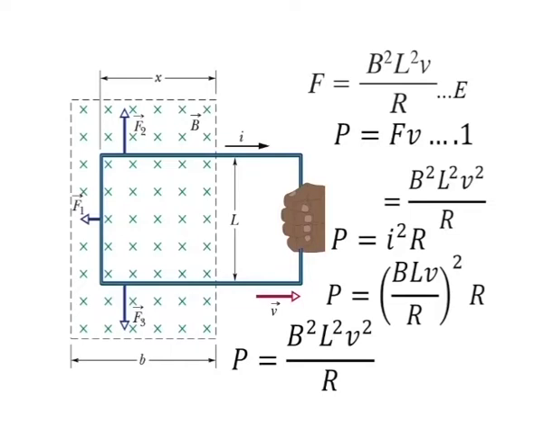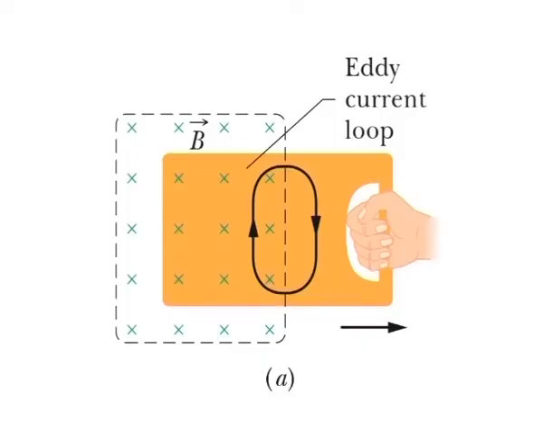Eddy currents. Suppose we replace the conducting loop with a solid conducting plate, and we then move the plate out of the magnetic field as we did with the loop. The relative motion of the field and the conductor again induces a current in the conductor. Thus, we again encounter an opposing force and must do work because of the induced current.